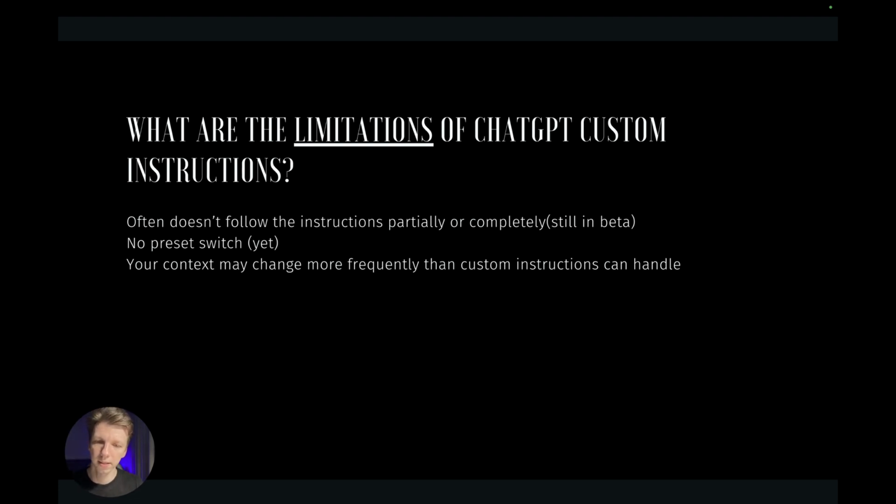Your context may change more frequently than custom instructions can handle. For example, if you change the context within a conversation, or you need your conversation for a few different purposes and a few different contexts, then I would turn the custom instructions off and set the dynamics myself.